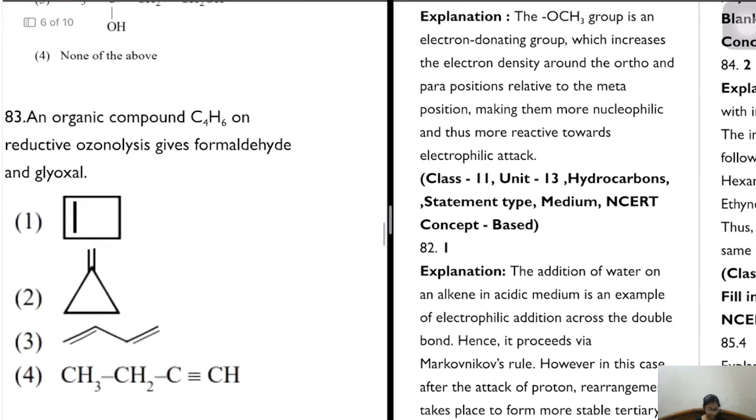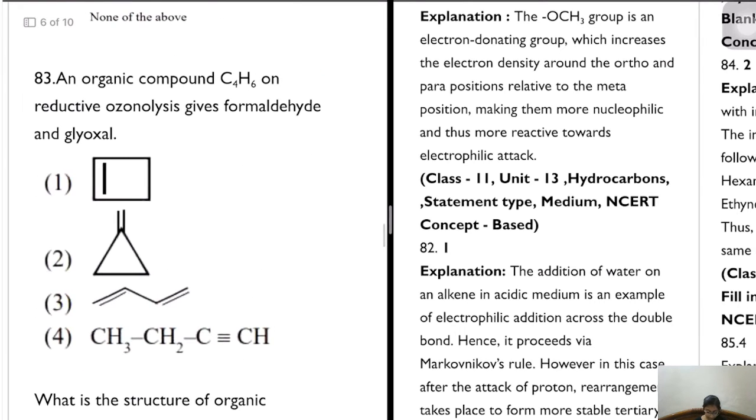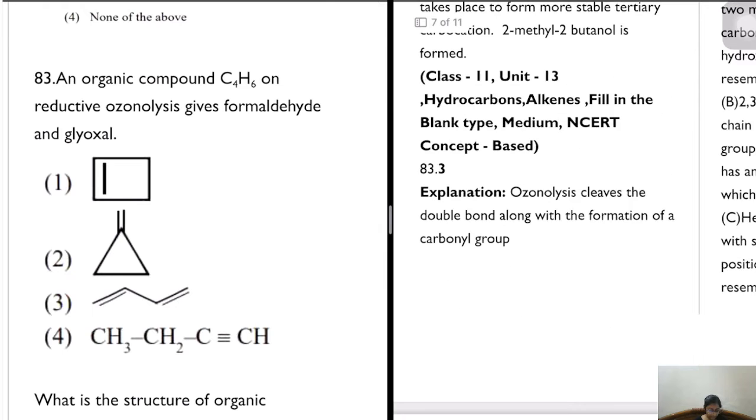Now let's see the next question. An organic compound C4H6 on reductive ozonolysis gives formaldehyde. What is formaldehyde? This. What is glyoxal? This. When is this possible?